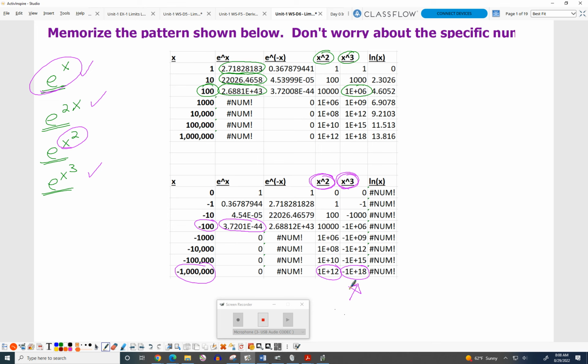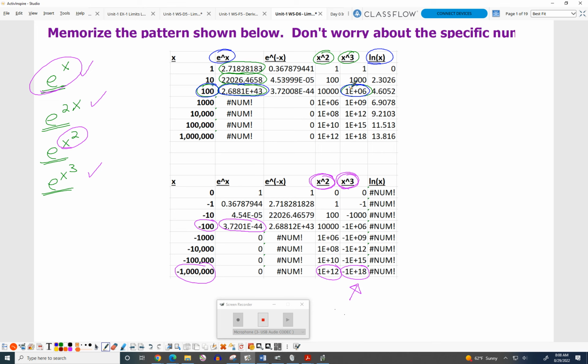The last one to look at is right here, ln functions. So natural log of x, that grows really slowly. So notice when x is 100, e to the x is already a number 43 digits in length. X cubed is only 6 digits in length, so much smaller by comparison.